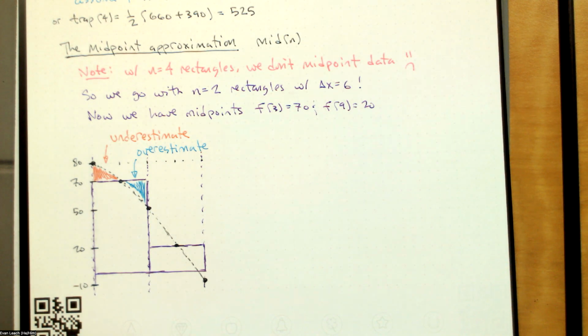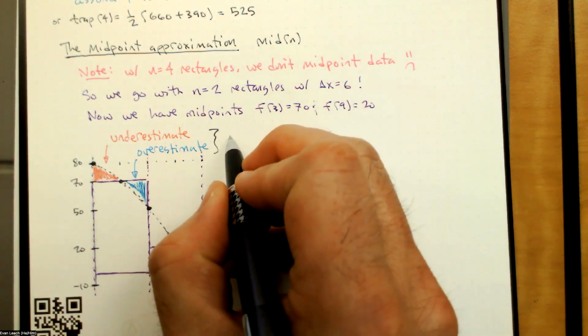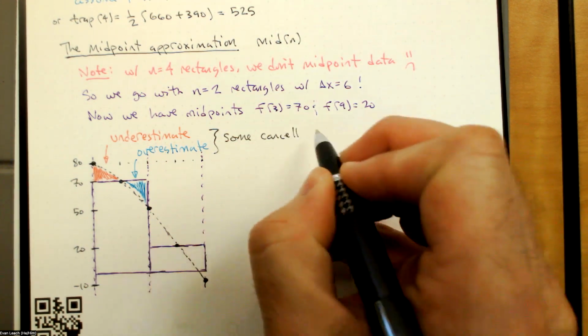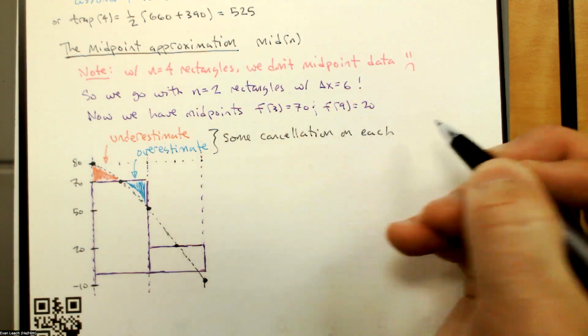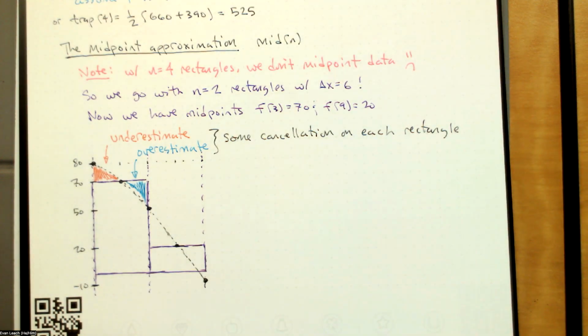Rather than all overestimate or all underestimate like we had with left and right, there's going to be some overestimate and some underestimate that's going to cancel out on each rectangle. This is back to an assuming-things-are-constant approach.